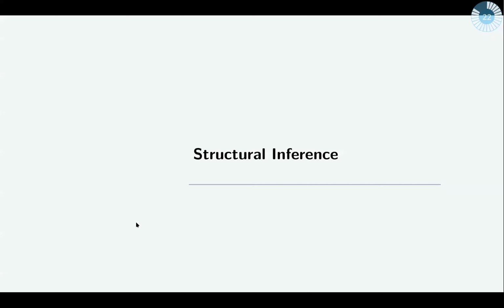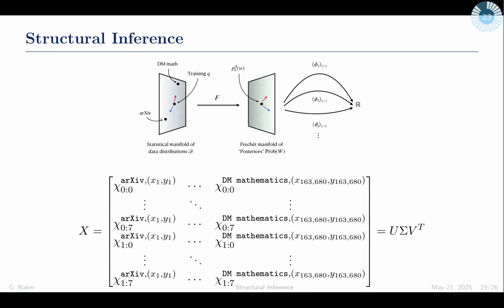So now we get to the exciting stuff. We said we were going to make a big Jacobian matrix, and now we have made the big Jacobian matrix. We have all of our per token susceptibilities on all the different data points, and we have approximately 163,680 data points for each of the different components of the pile that we have.